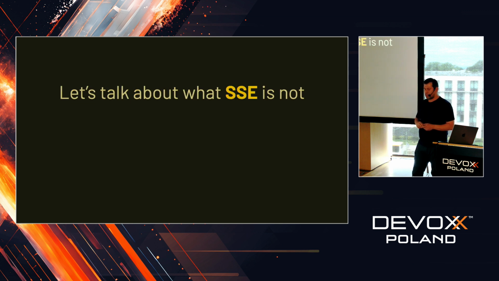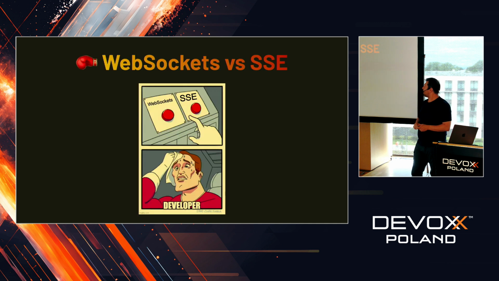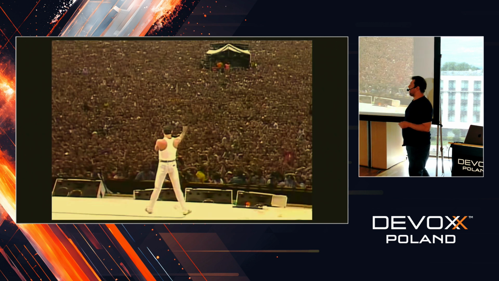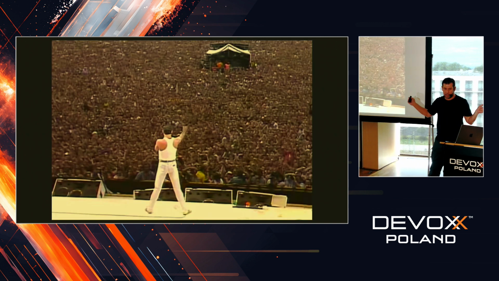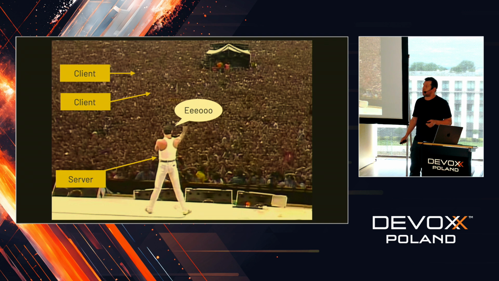Maybe let's talk about what server-sent events are not. Let's make this simple comparison. Probably in the life of each developer, there will be this choice to use WebSockets or maybe not. So let's imagine we have a stage, and we have an actor on this stage. This actor is our server, and the server is sending messages, for example, hello, and we have a bunch of clients.